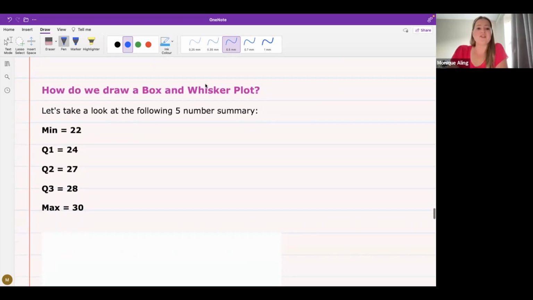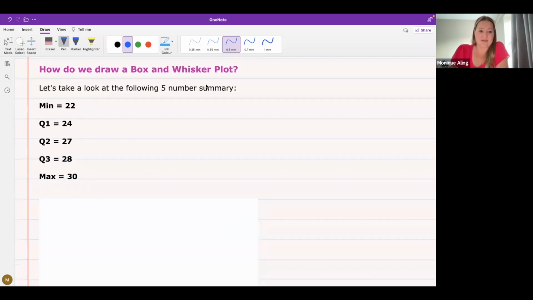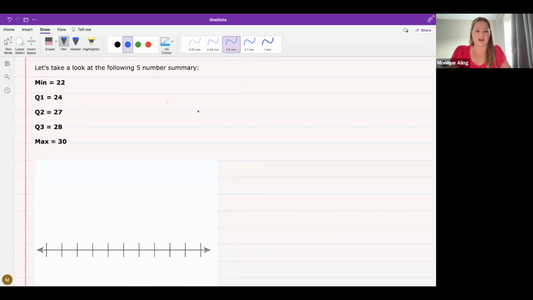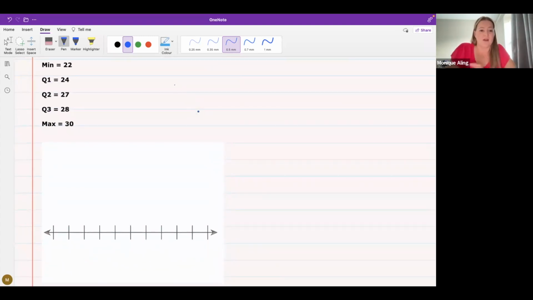So how do we draw a box and whisker plot? Let's take a look at the following 5-number summary. So I've got the summary there already. Okay, and we use a number line to draw our box and whiskers. So we are starting with 22 and we're going up to 30.